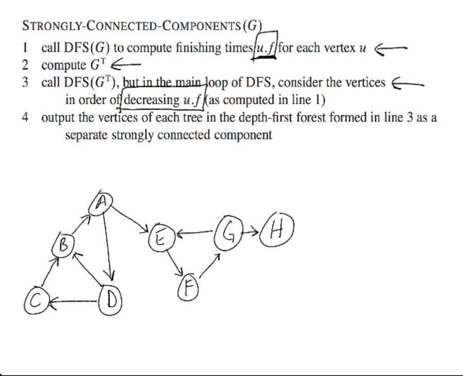Let's start on this graph with, say, vertex E. And we'll cross that edge to F, and then we'll cross an edge to G, and then we'll cross that edge to H. H has nowhere to go, 5. G has nowhere to go, 6.